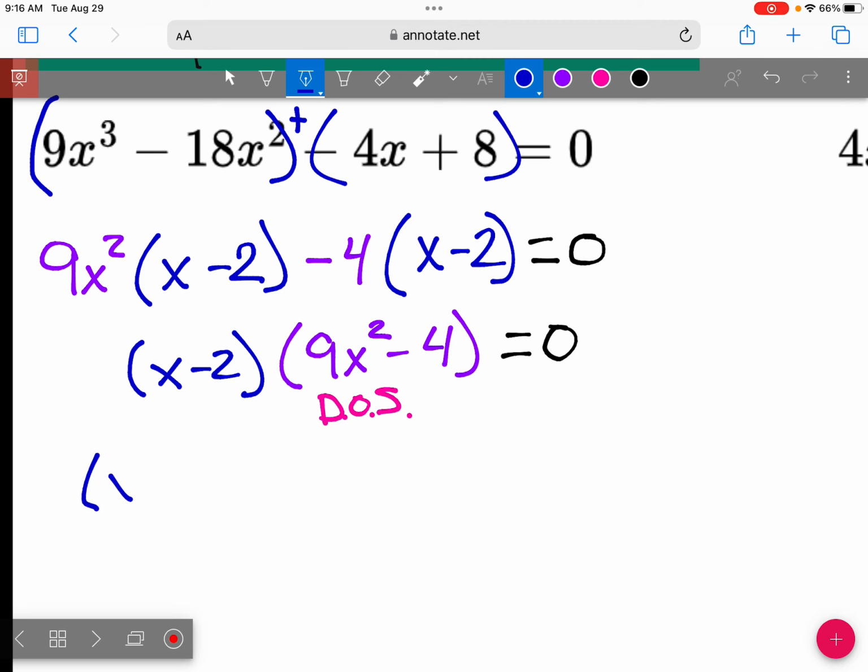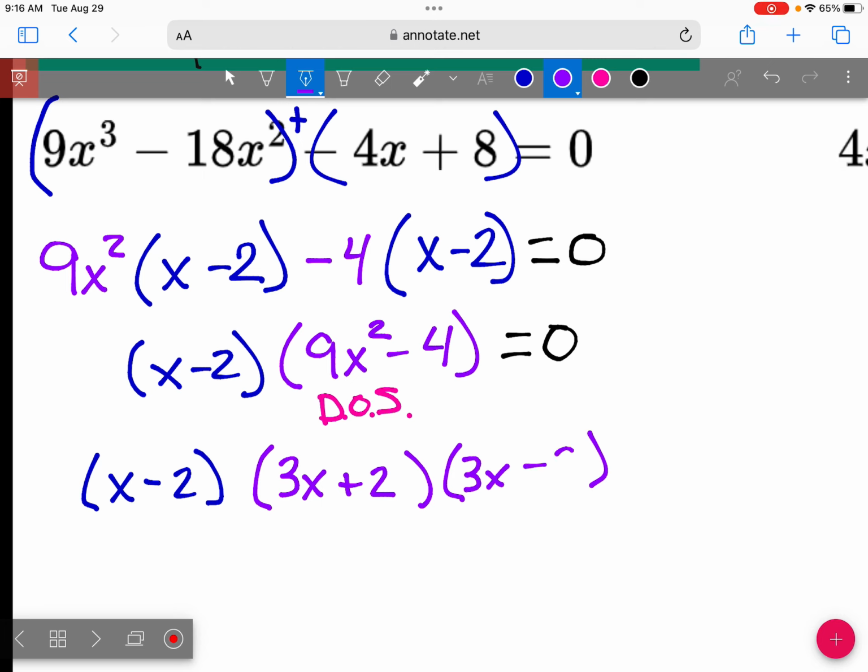So I'm just going to drop that x minus 2 down. What do we get when this difference of squares happens? 3x plus 2 and 3x minus 2 equals 0. Okay, so this difference of squares gives us these two terms.